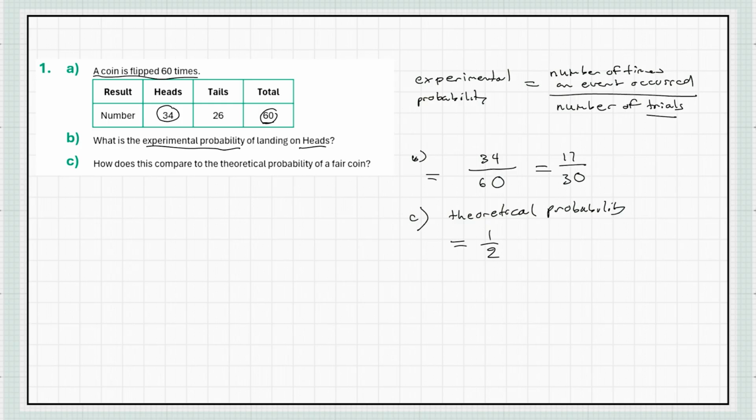Or it's 50%. And we can put that in the same numbers as this. So this is the same as 15 over 30, or it's the same as 30 over 60. And what we can see is, compared to our theoretical probability, the experimental probability, the chance of getting heads, is higher.